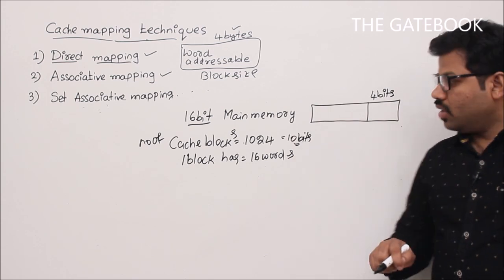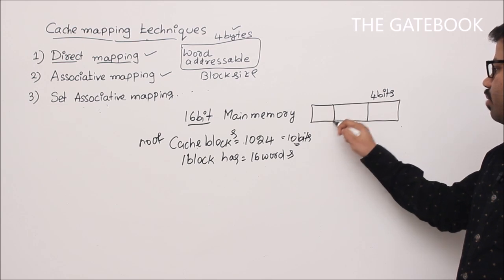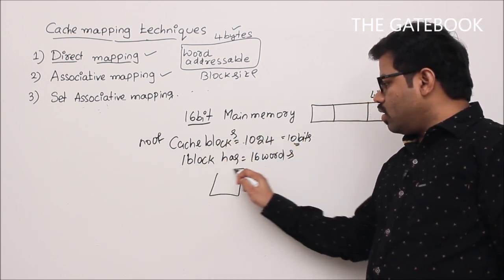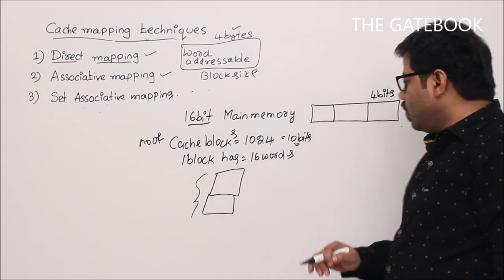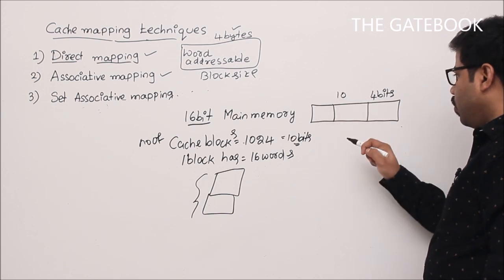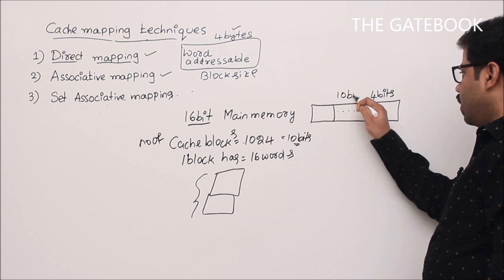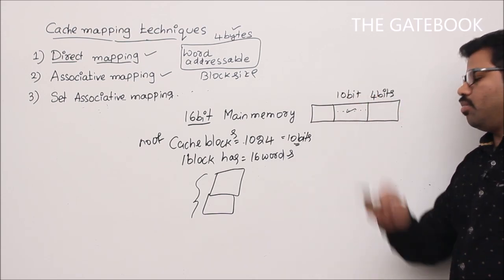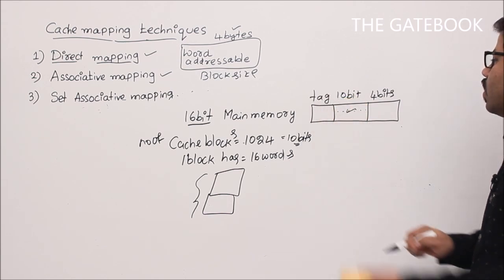Remember one thing, the number of cache blocks is going to decide these next 10 bits, because we have to index into the cache block. This is your cache with 1024 different blocks, so to differentiate them, 10 bits are required. These 10-bit patterns we will use to decide which cache block we have to map this block to. Now the remaining bits are the tag.